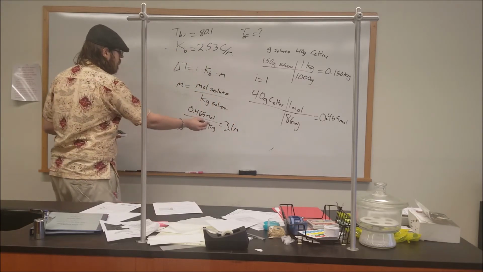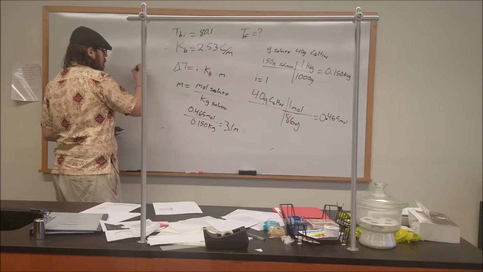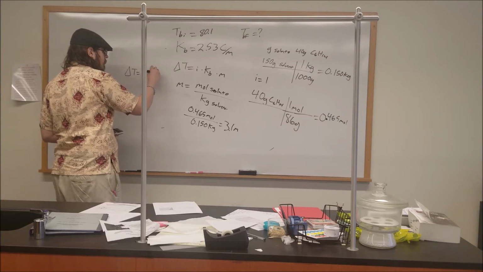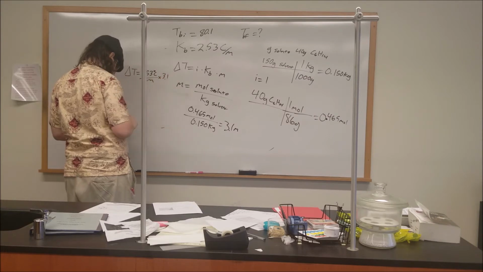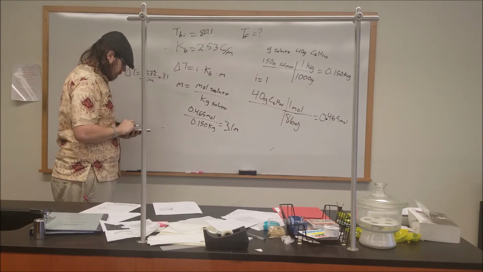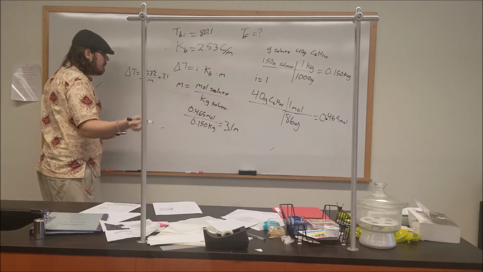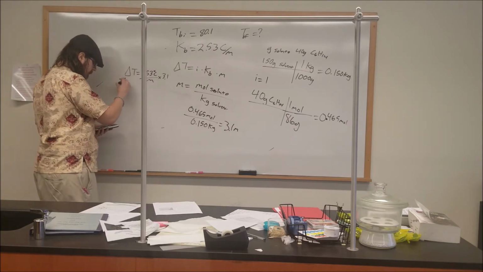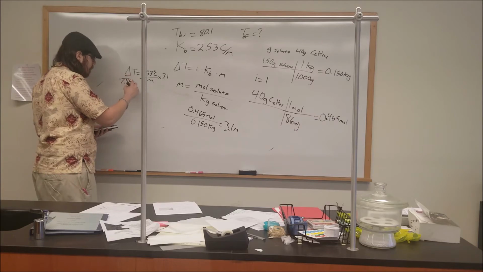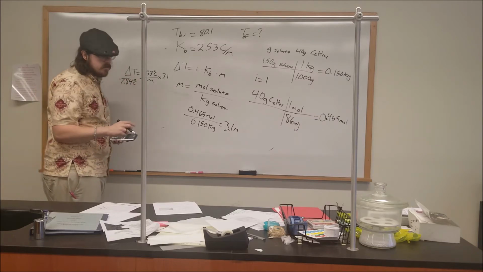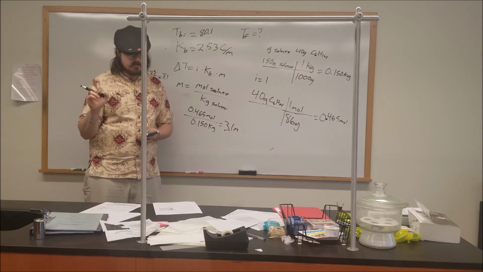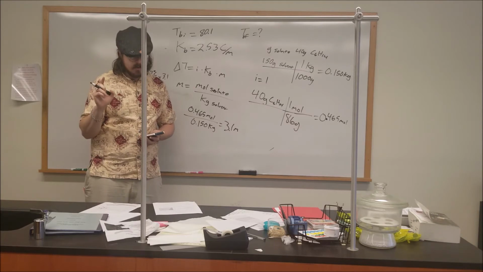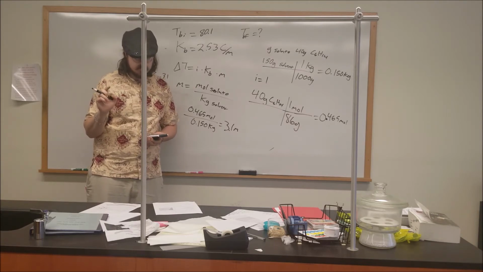Now we can plug our numbers into our equation. Delta T equals 2.53 degrees C per molal times 3.1. This determines the change in boiling point to be 7.84 degrees. But the last step is where I would be willing to trick many of you who were not paying attention very well.